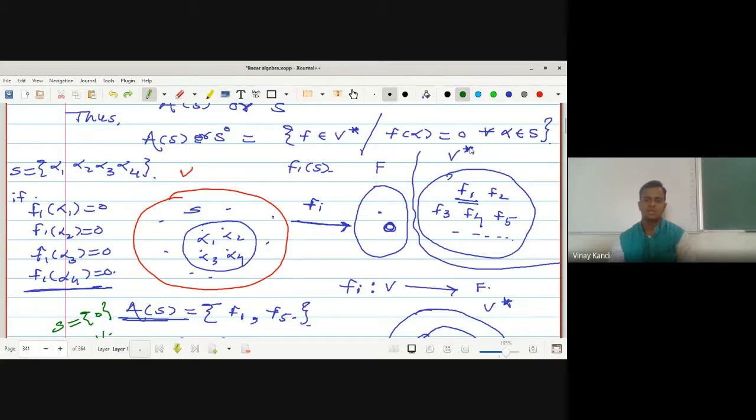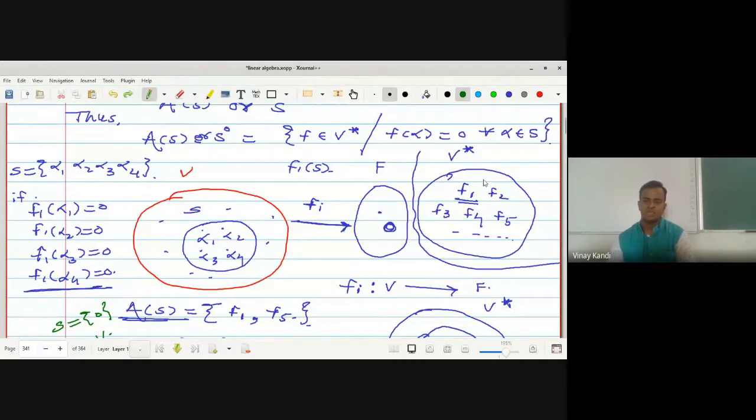Look here. V star is the set of all the functionals f1, f2, f3, f4, f5 and so on. Take the elements from V star such that f of S is equal to 0, that is, f of alpha 1, alpha 2, alpha 3, alpha 4 is equal to 0.